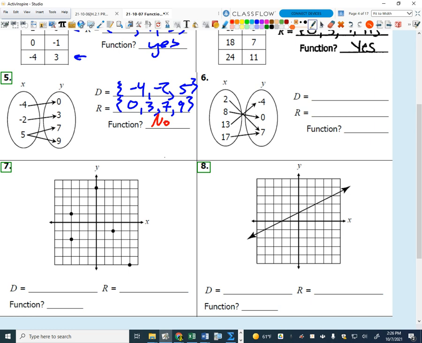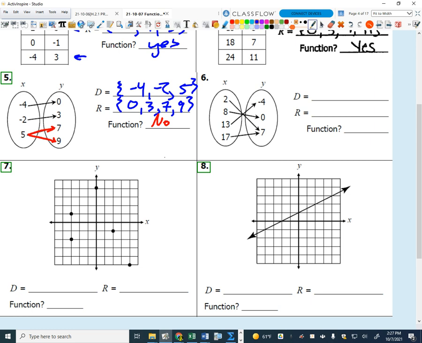Yeah, look, I've got an arrow. You can see right away in a mapping that if I've got 2 arrows leaving one input, it's not a function, right? Right away. We know that there's only one output for each input, so each input can only have one arrow leaving it. That's what I should say.